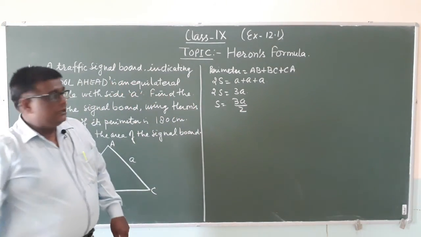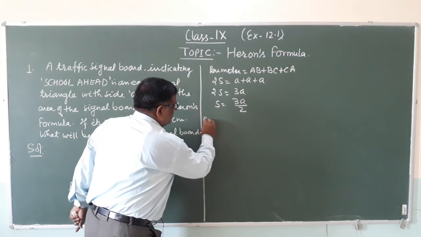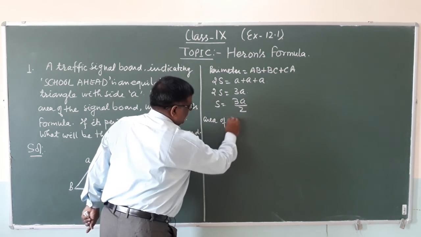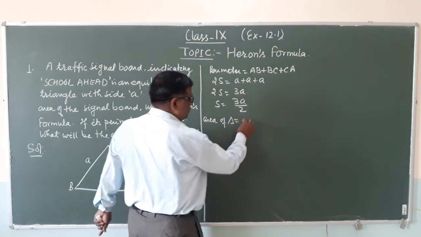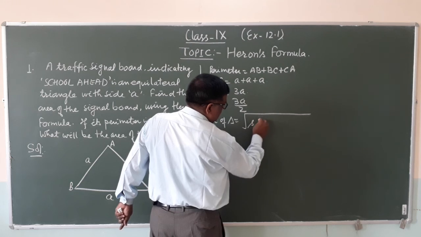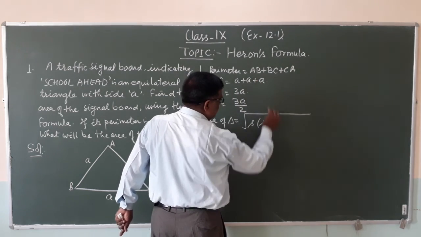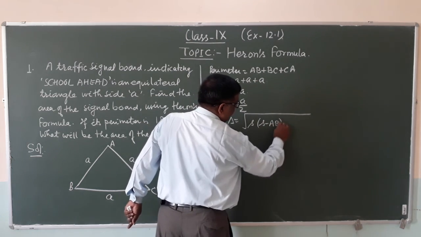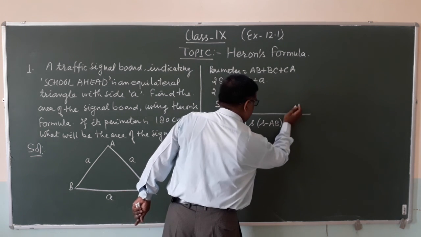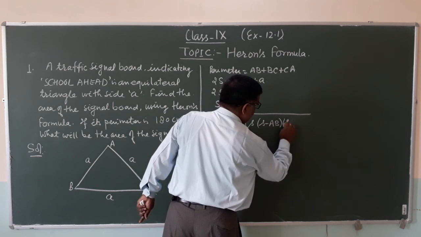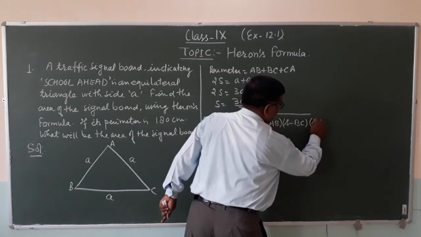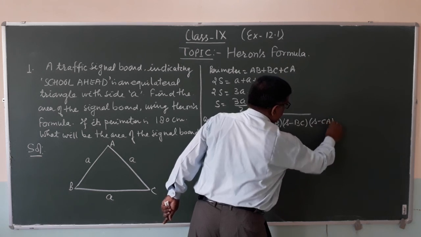Now the area of the triangle is equal to root of S into S minus AB, again S minus BC, and again S minus CA.